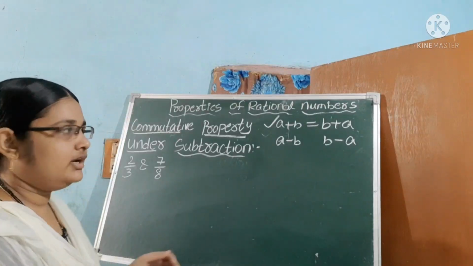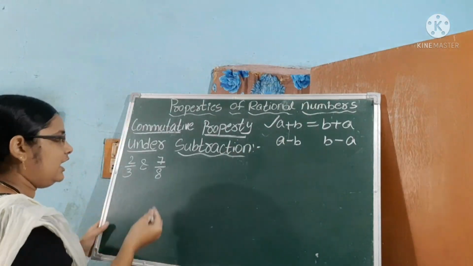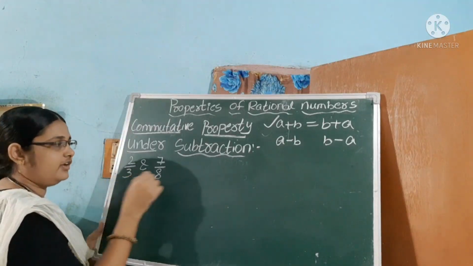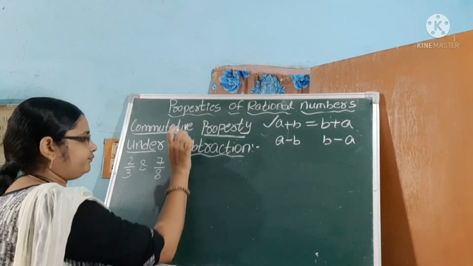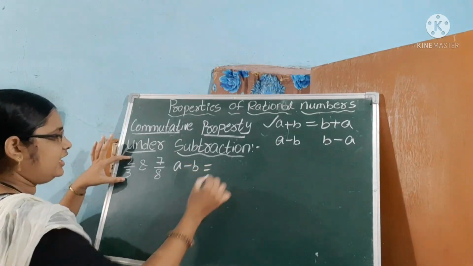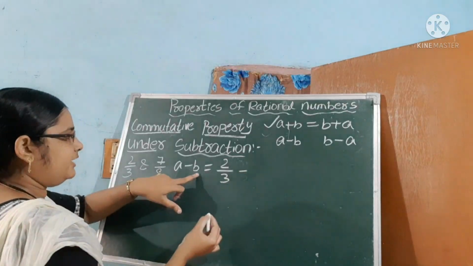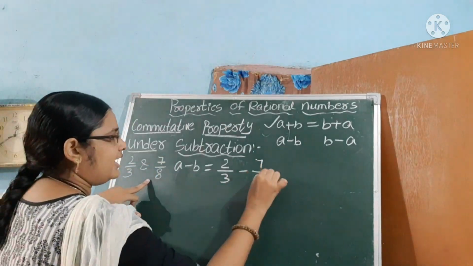Is it clear? So let us check. First, same as before, LHS part. A minus B. What is the value of A? A minus B. So A value 2 by 3 minus B value 7 by 8.